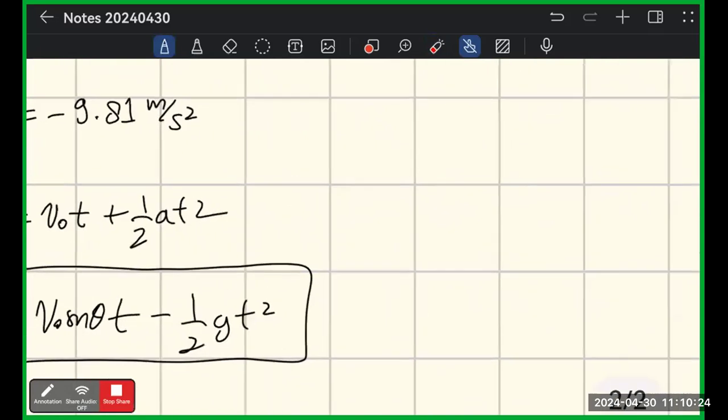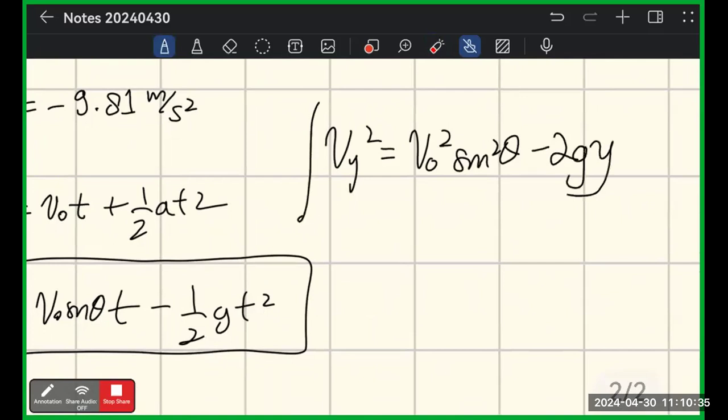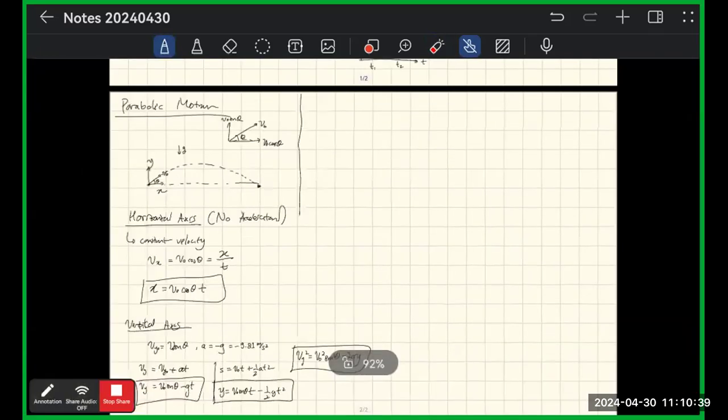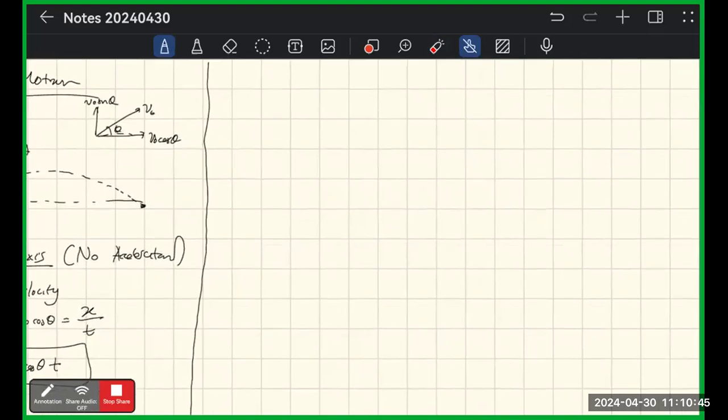The last equation will be Vy squared equals v naught squared sin squared theta minus 2gy. Yeah, that's all for the parabolic motion. We'll try to do the questions now.